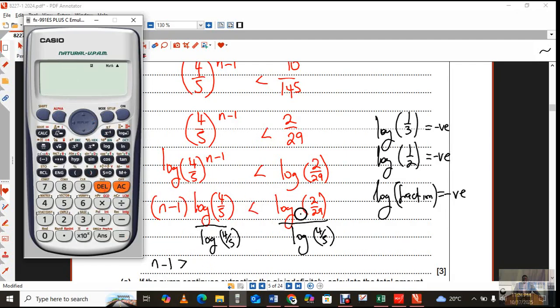Right, so I'm just going to write down what this decimal value is. So I'm going to have the log of 2 over 29, and that should be divided by the log of 4 over 5. The one on top is also a fraction, so essentially you're dividing a negative number by a negative number, and you should get a positive number.